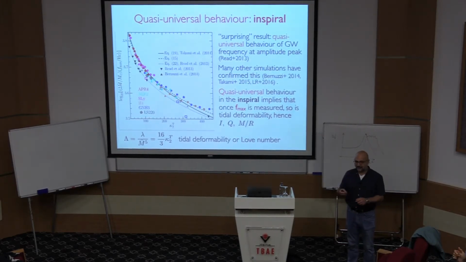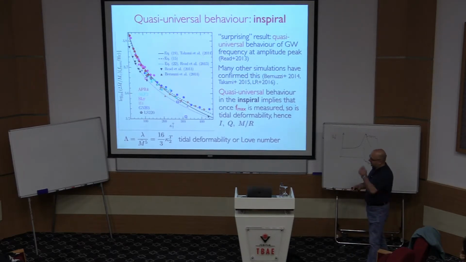I have a love number, you have a love number, probably very similar. But love numbers, tides are the consequence of the existence of a love number. So what you can do is take those frequencies and put them versus the love number for different equations of state. And what you find, quite surprisingly, is that all of these frequencies are aligned or follow a certain functional behavior.